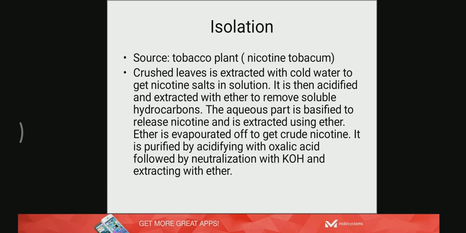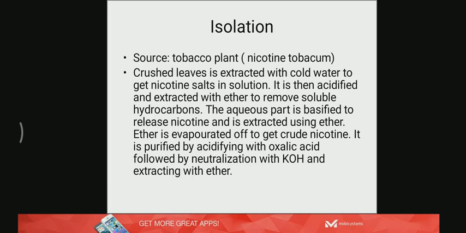One point you should remember here is that alkaloids, as you know, are basic in nature, and in plant cells they will exist as their salts with acids like citric acid or oxalic acid, that is, as citrate, oxalate, etc. salts in the body of the plant.